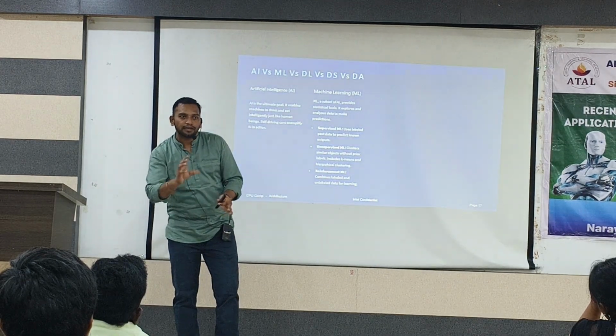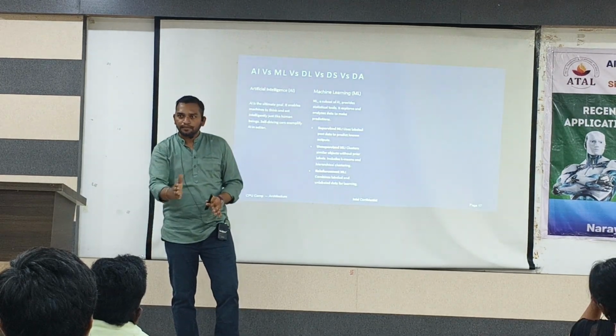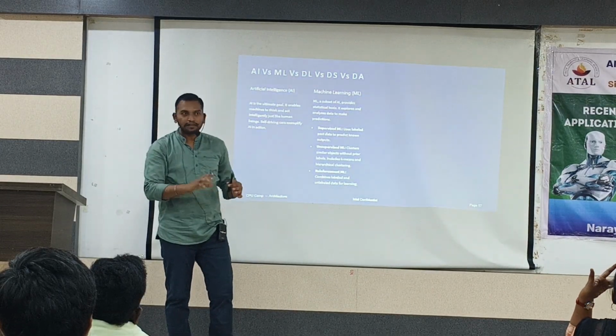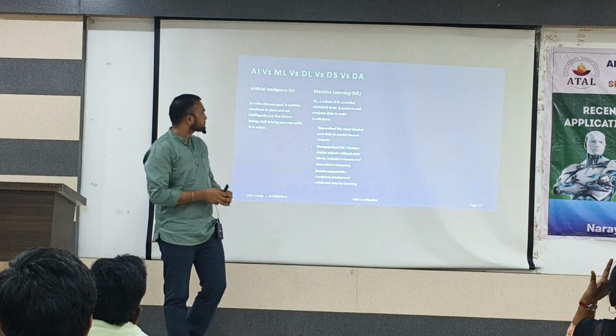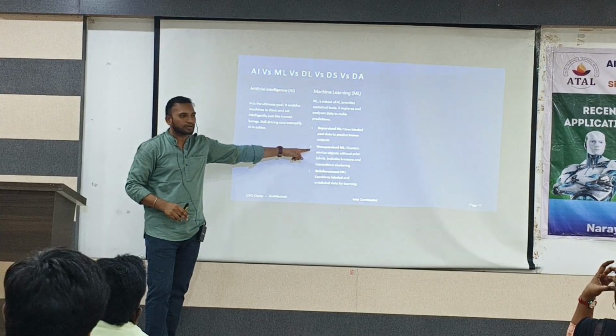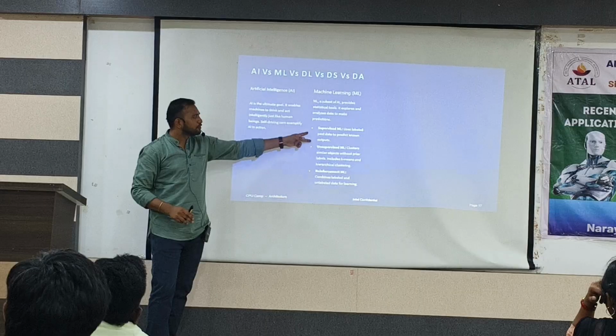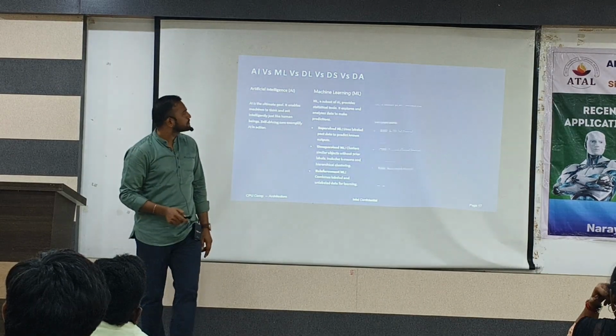That separation is nothing but K-means. You separate tomatoes, aloo, and everything. That is unsupervised machine learning. Coming to reinforcement learning, it's a blend of supervised and unsupervised.